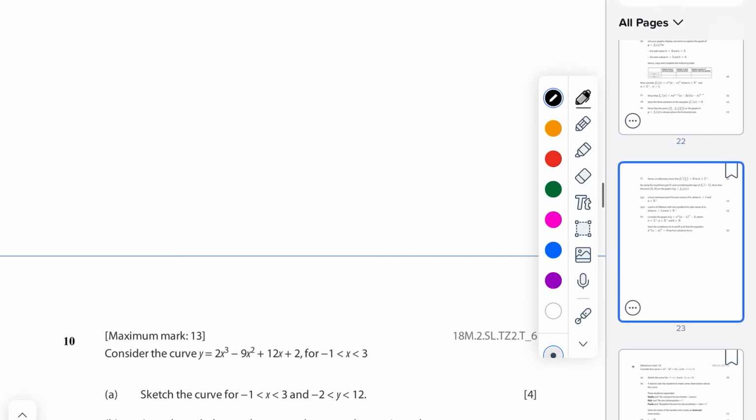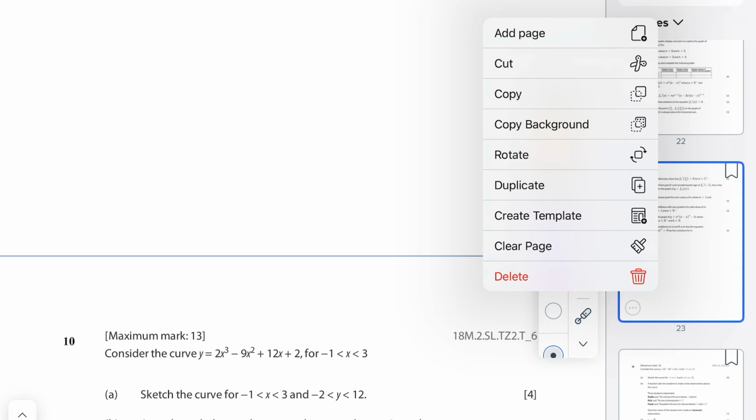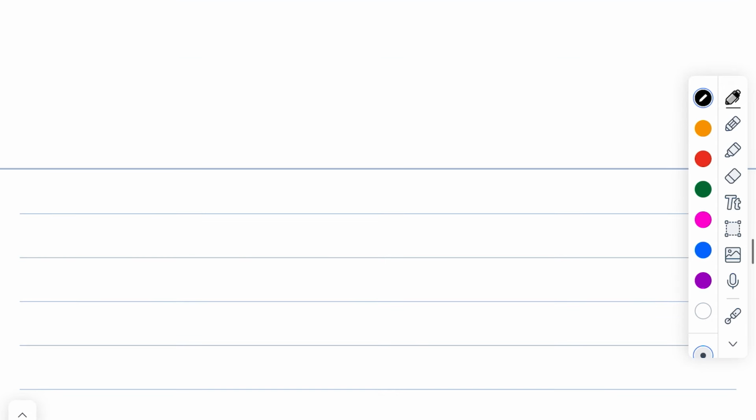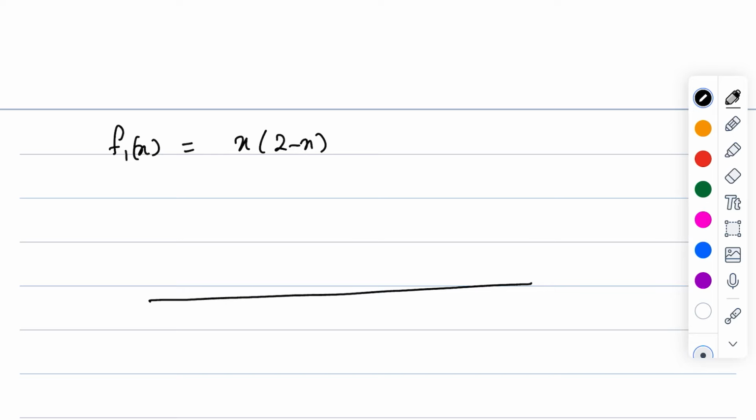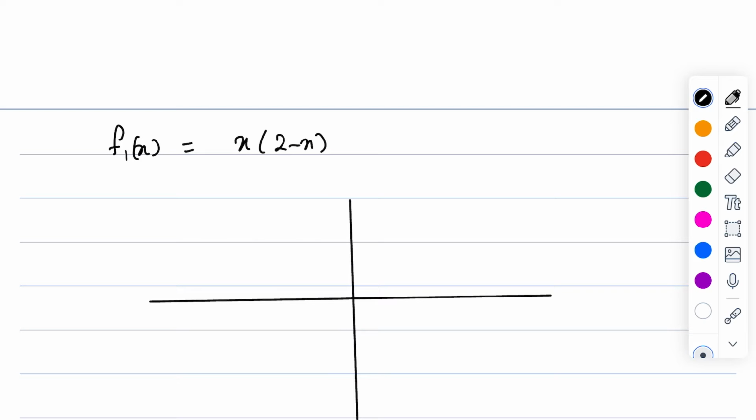Let me add a page over there and start doing the entire solution. So now f_1(x) equals x times (2 minus x). So it is a parabola having the roots at 0 and 2.